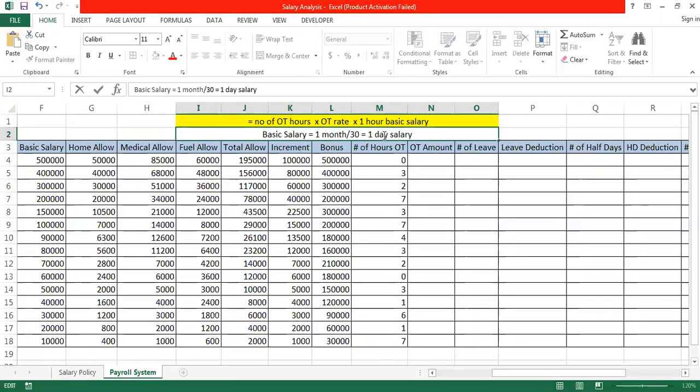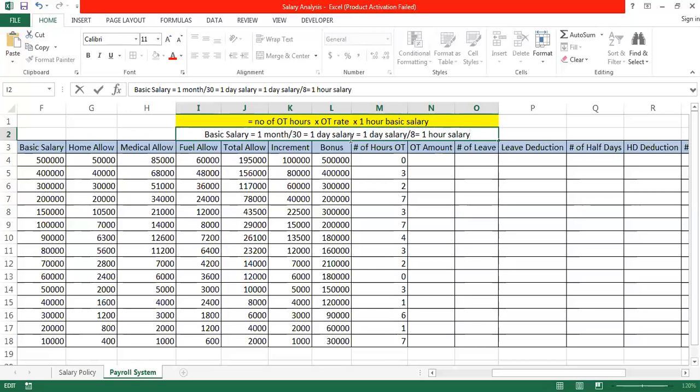Now if we divide this 1 day salary by 8, because there are 8 working hours in a day, it becomes the 1 hour salary.